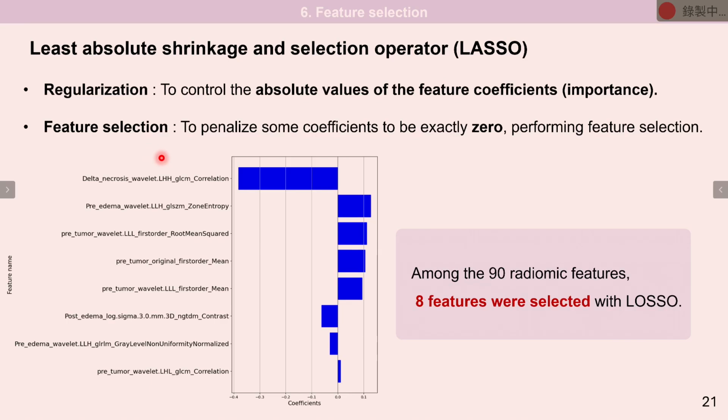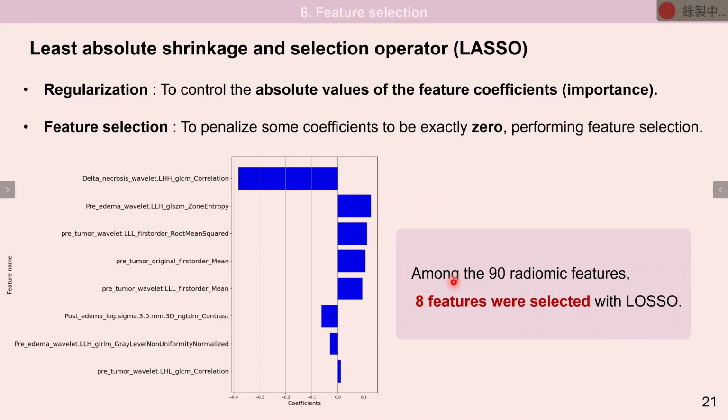Regularization is to adjust the feature importance, which is the absolute value of the feature coefficients. And this process can also implement feature selection by penalizing some coefficients to be exactly zero. Our study uses this method and selects 8 features among the 19 radiomic features.